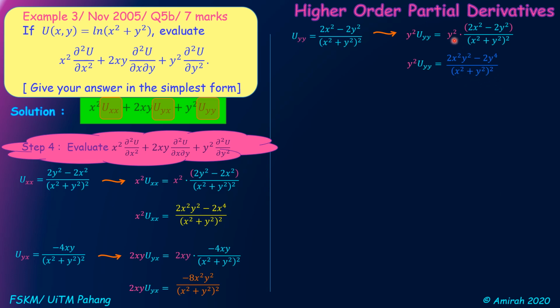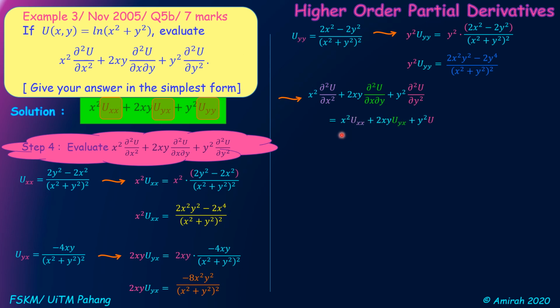We just multiply y squared by the numerator only, because y squared means y squared over 1. Alright, after that we substitute into x squared ∂²u/∂x² plus 2xy ∂²u/∂x∂y plus y squared ∂²u/∂y².